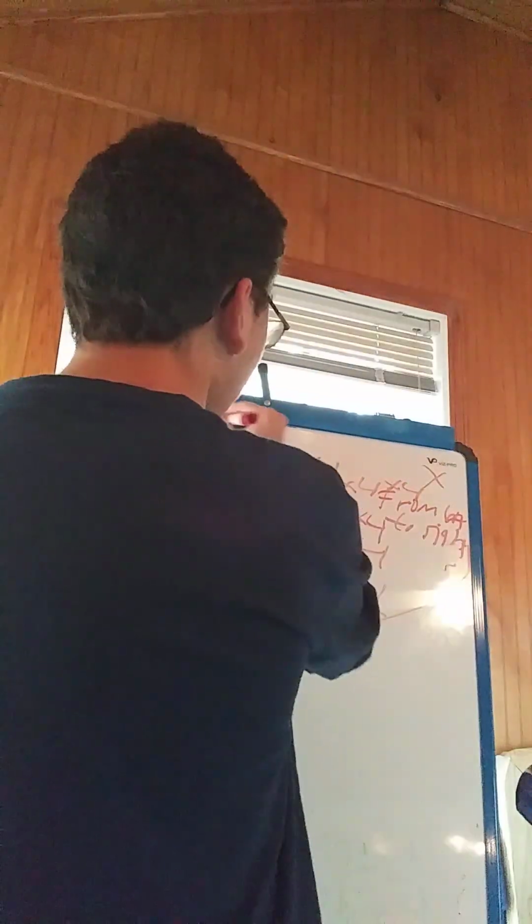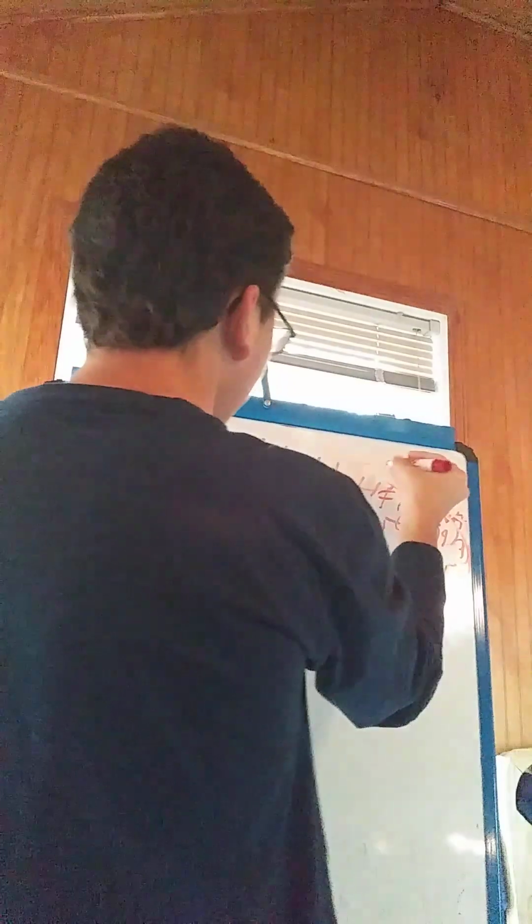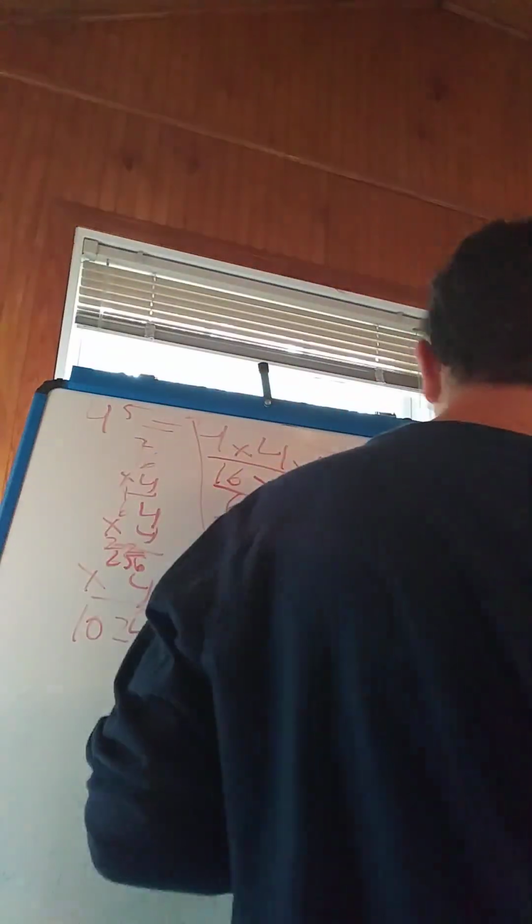And then we draw the backwards triangle around that answer, or the equation that we're using.